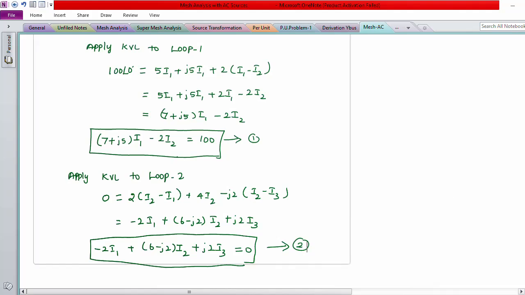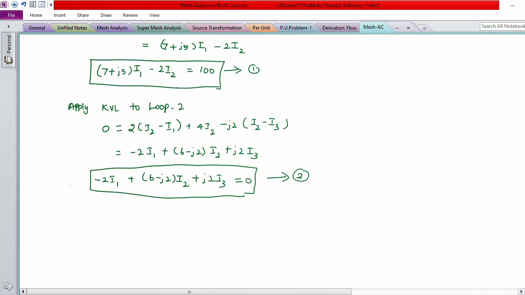Similarly, apply KVL to loop 3. Here also we have to check whether any voltage source is connected in loop 3. There is no voltage source connected, so we can write it as 0. 0 equal to minus J2 into (I3 minus I2) plus 4I3 plus 2I3.